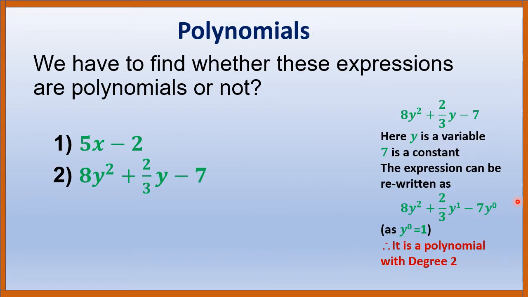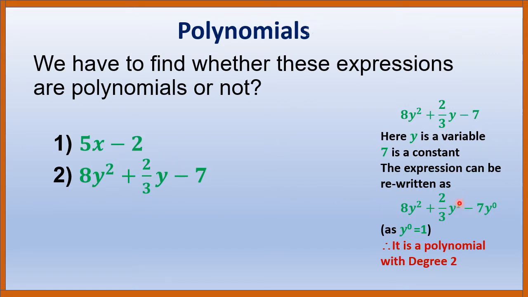Let us look at the second example. 8y square plus 2 by 3y minus 7. In this example, y is the variable and its power is 2. This is a whole number. And the second term is 2 by 3y. Here, the variable is y and its power is 1. Again it is a whole number.